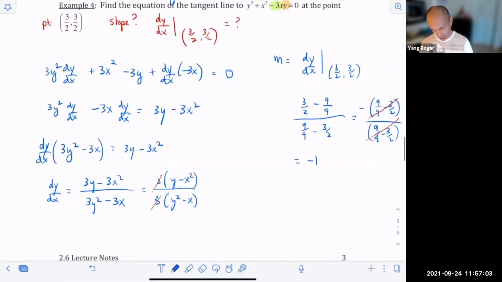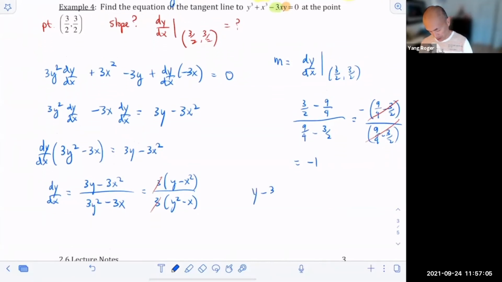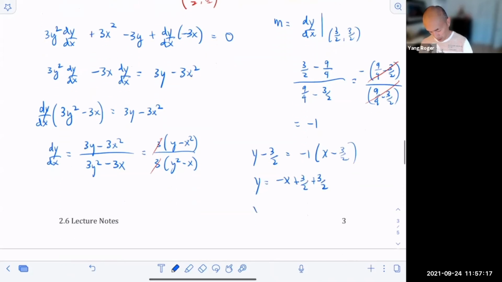So the equation of your line is going to be y minus 3/2 is equal to negative 1 times (x minus 3/2). That gives you y equal to negative x plus 3/2 plus 3/2, which gives us y equal to negative x plus 3. And that's the equation of our tangent line.